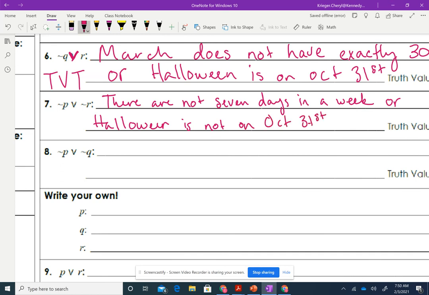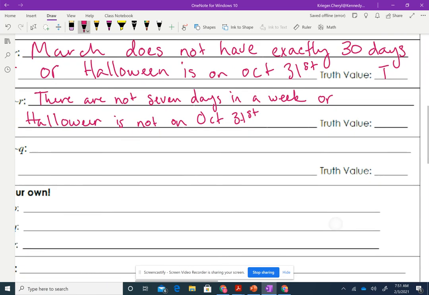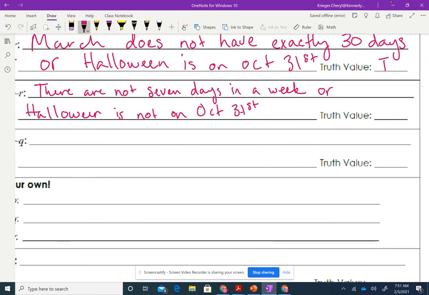So this is false or false. And false or false, that's no truth, so the statement is false.